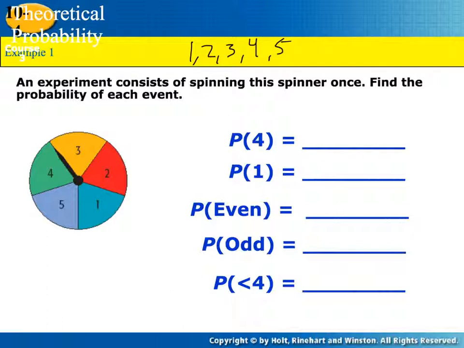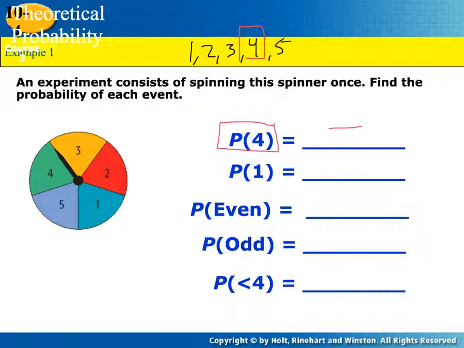When you look at this problem right here, where it has P on the outside, 4 on the inside of our parentheses, you are asking the probability of getting a 4. So, out of those 5 outcomes, how many times could you get a 4? Once. All right? So, if you go back to that previous slide, you put the total number of outcomes.